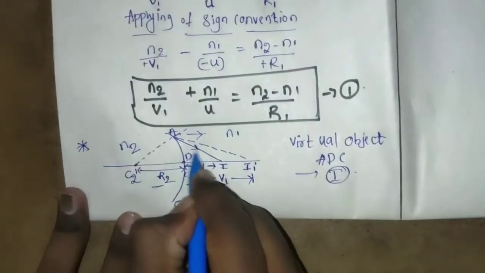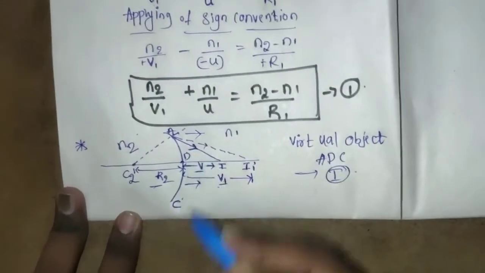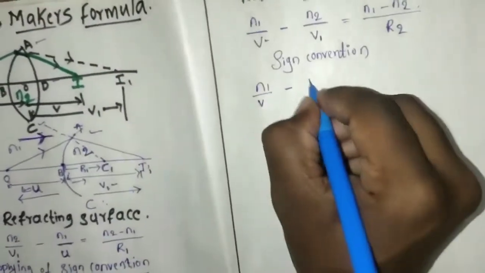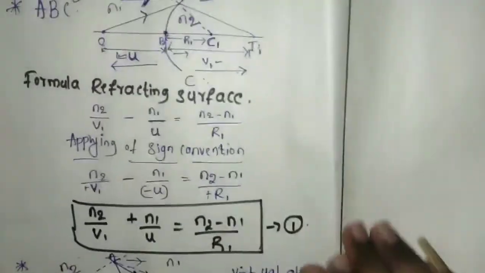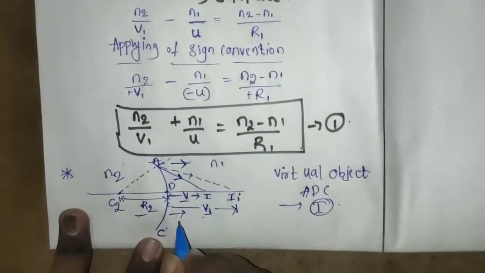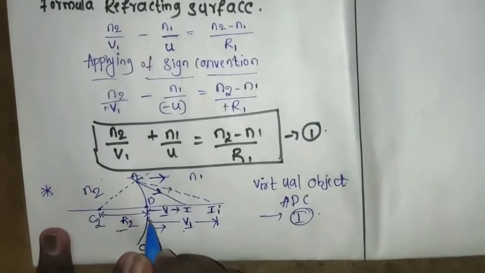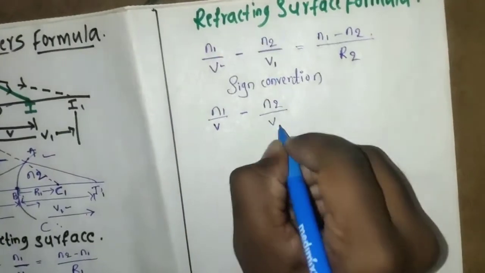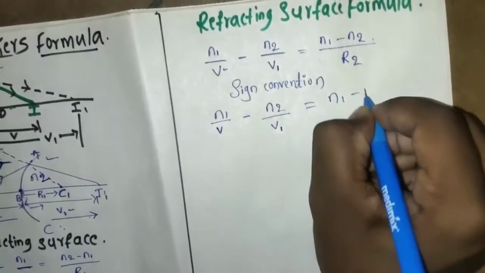So both are in same direction. So write directly N1 by V, that is positive, minus N2 by V1. Whether it will change or remain same, let's see. This is the direction of incident ray, and this is the direction of V1 measurement D to I1, both are in same direction again. So it is also positive only, N1 minus N2.